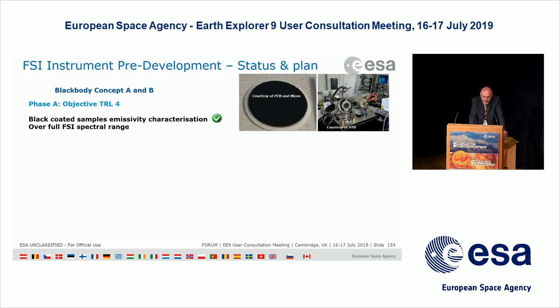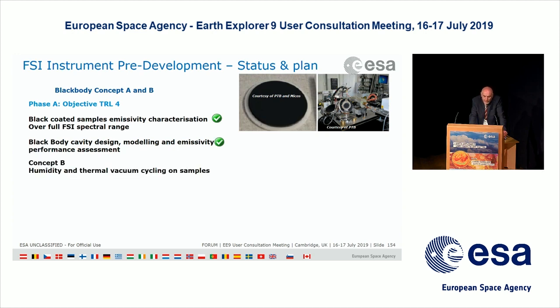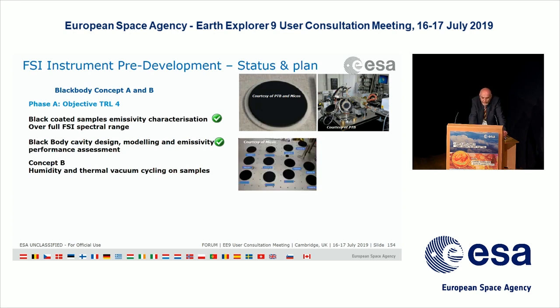In parallel, a model of a design performed for the black body cavity has been completed to characterize the emissivity performance. For concept B, the samples, coated samples, have been submitted to environmental testing, including humidity and thermal vacuum cycling.